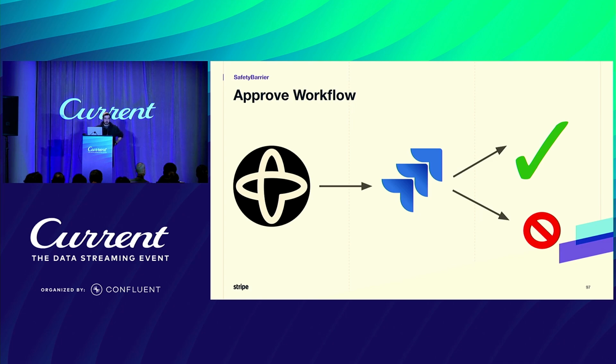So at Stripe, we do all of our configurations through version control, which is useful in the sense that you have a paper trail of every config change that you've made, but it's slightly annoying in the sense that if you want to repartition a topic, it takes a really, really long time. So the safety barrier is nice because we have it feature flagged, so it's really easy to prevent a specific workflow from running when we don't want it to.